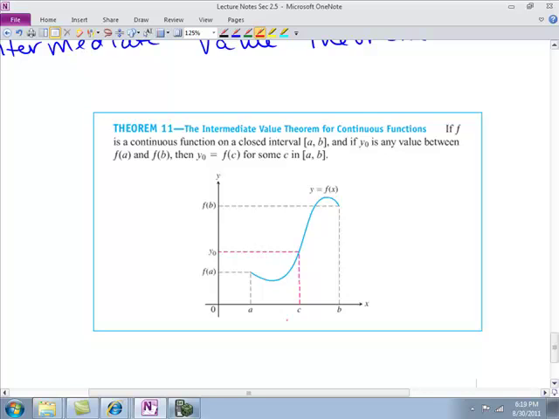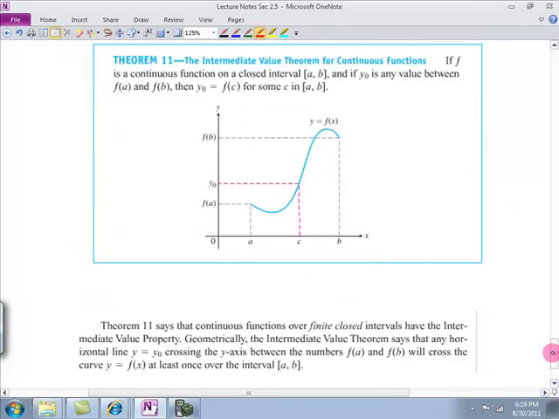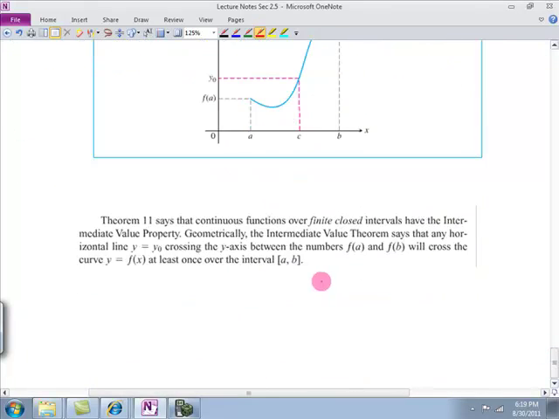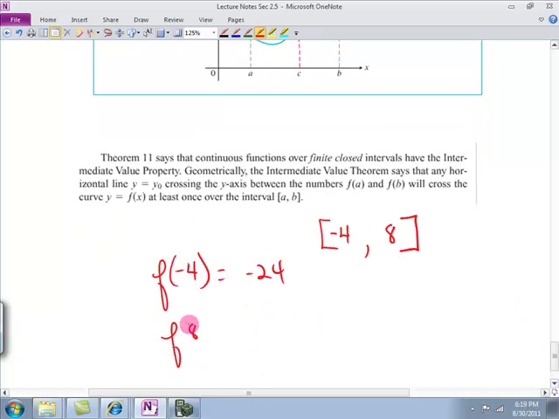Like, if you were given an interval, say, from -4 to 8, and you were given a function, and f of -4 is, say, -24, and f of 8 was 136. Just throwing numbers out there, and we don't know what the function was. You had a sign change. It was negative, and then it was positive. What does that tell me?